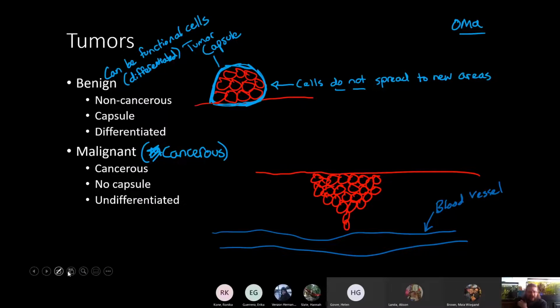Without a capsule, cancer cells can enter the bloodstream, and that allows them to spread.